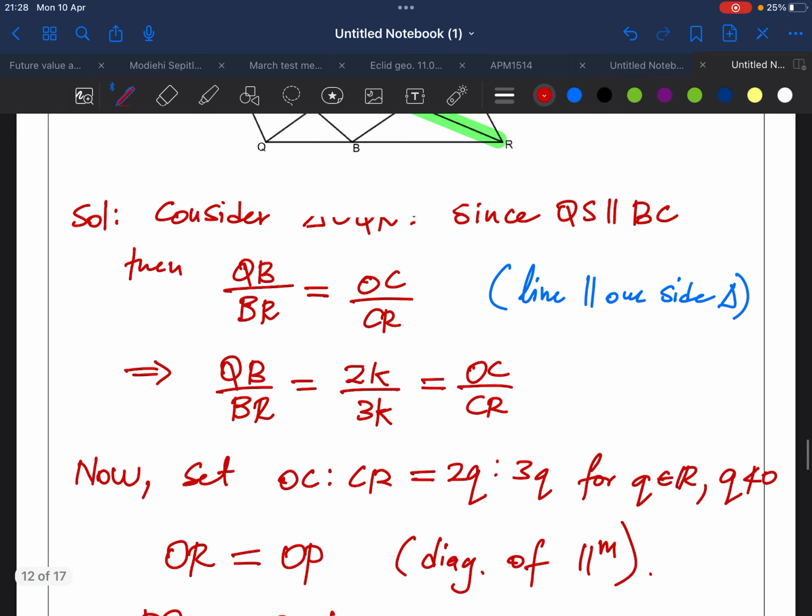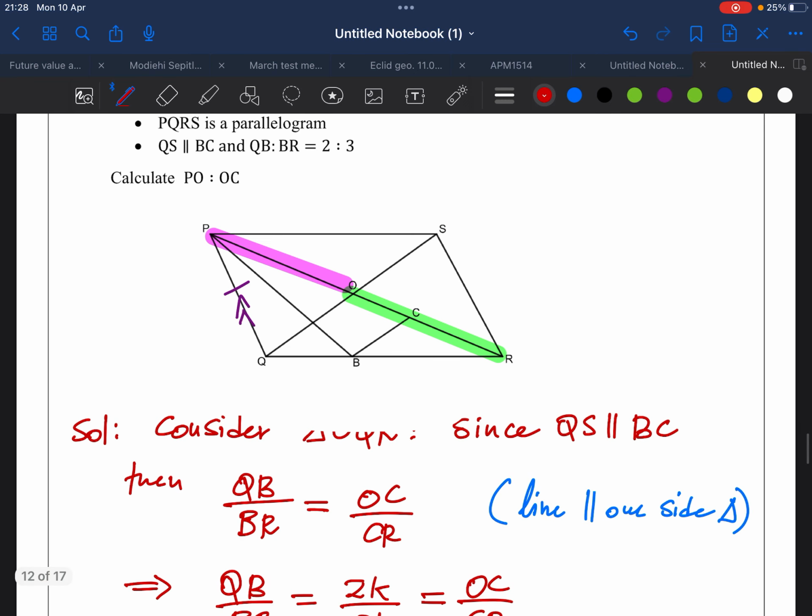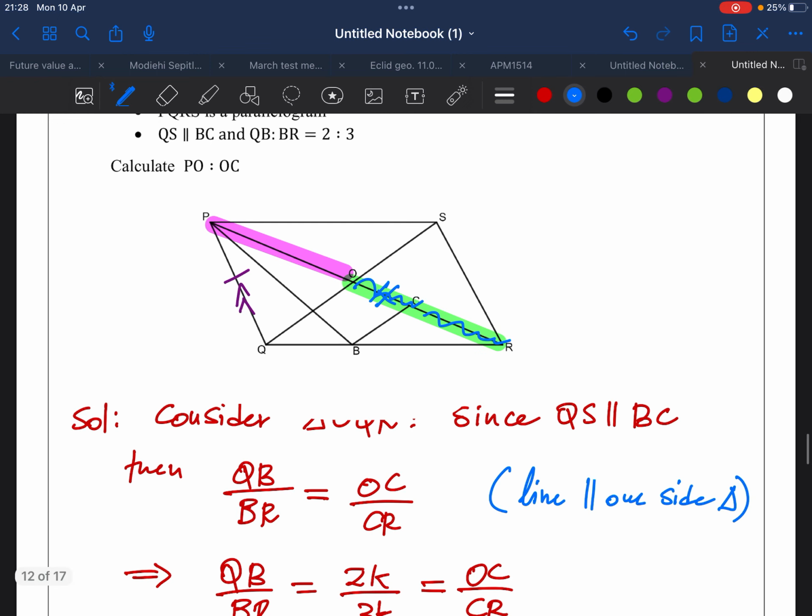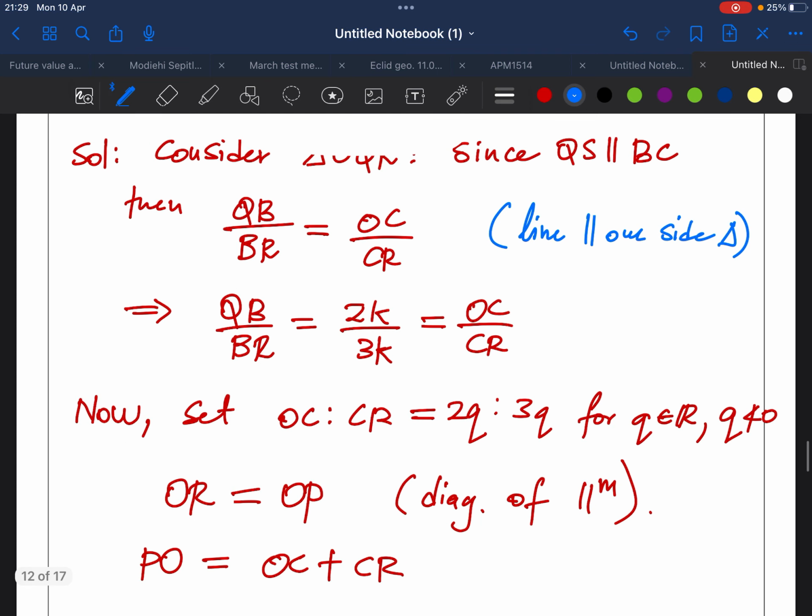Let us check PO. Where is PO? PO is equal to OC plus CR, because we know that PO is equal to OR, but OR is the same as OC plus CR. So we basically said that PO is equal to OC plus CR then.